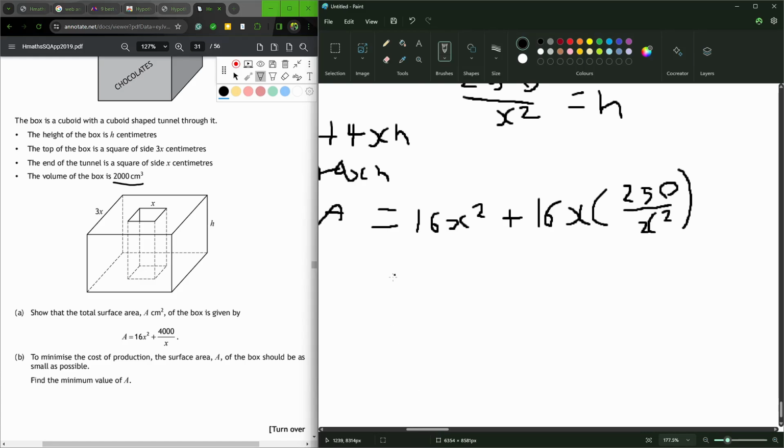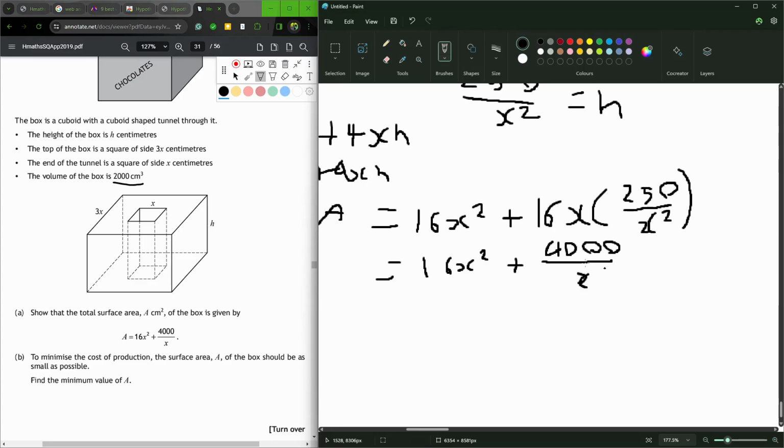And well, we look at this. We can write down our final equation. 16 times x times 250 over x squared, but since it's dividing, those two actually cancel out, so we're just left with x on the bottom line. 16 times 250 is 4,000, because 250 is essentially a quarter of 1,000.